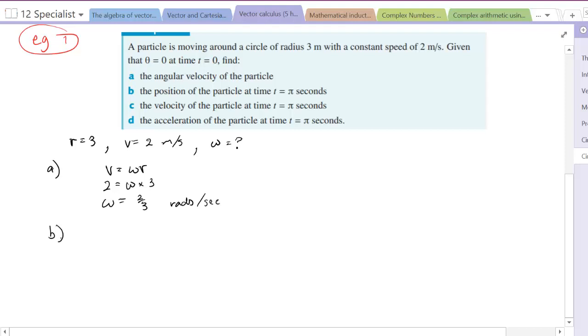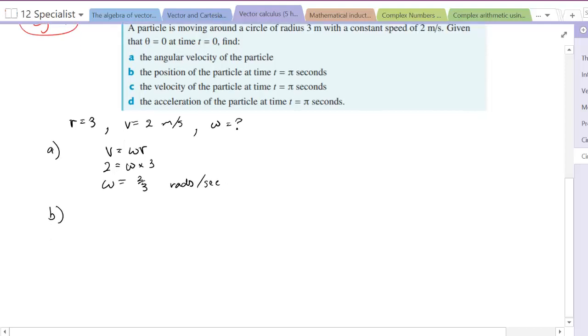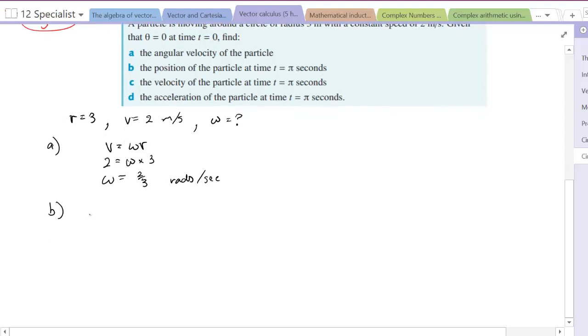Okay, so when we look at part B, we're looking at the position of the particle at time t equals pi seconds. First of all, we need that position function. So position will be r cos omega t in the i direction, and r sine omega t in the j direction.